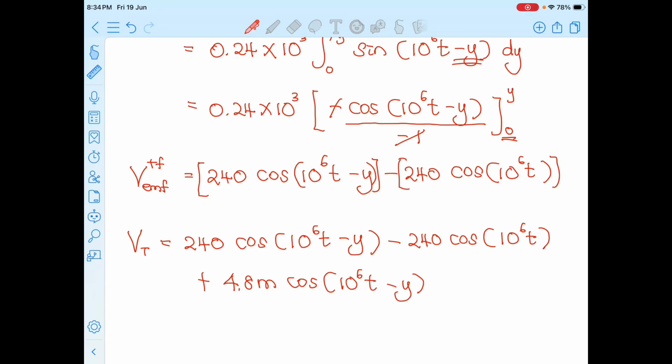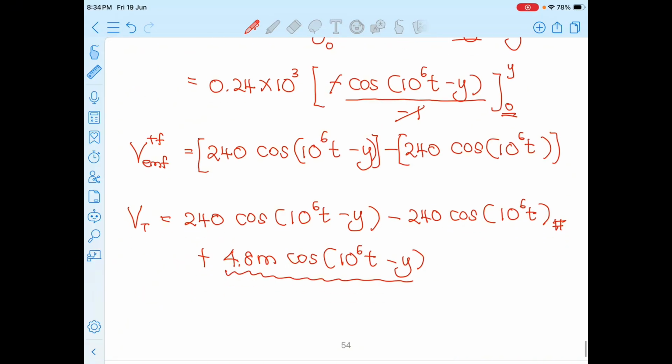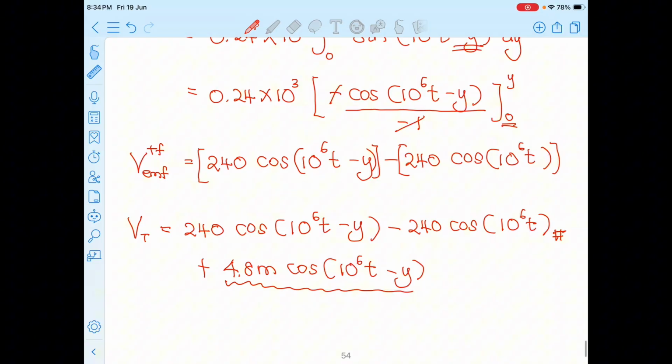If you add this 240 with this 4.8 milli, it is actually very small, and in fact you can cancel this part and leave your answer as this, too small when you combine it with the 240. So this will be the total EMF generated for this case C.